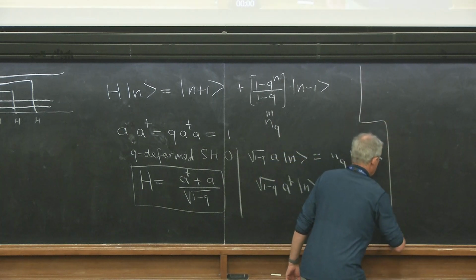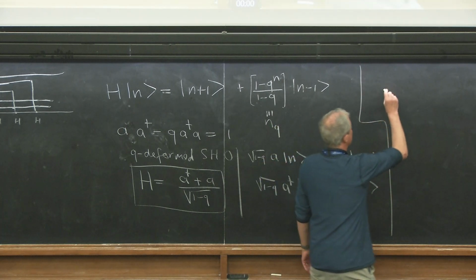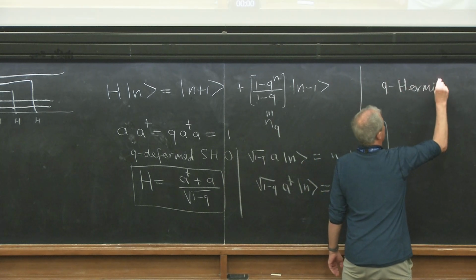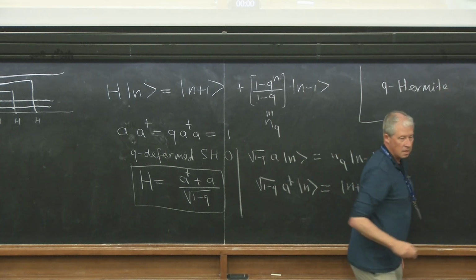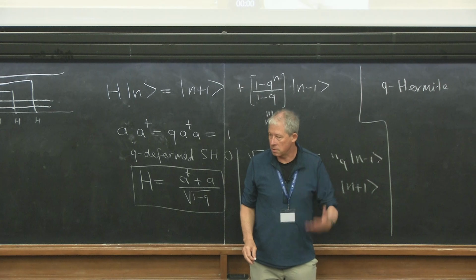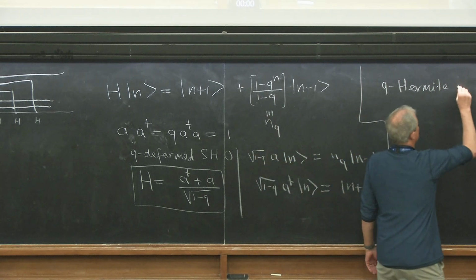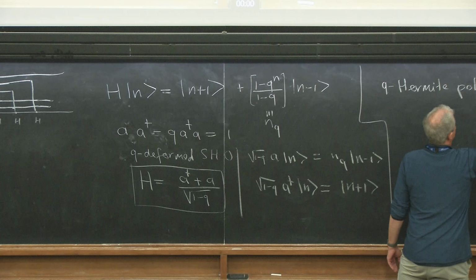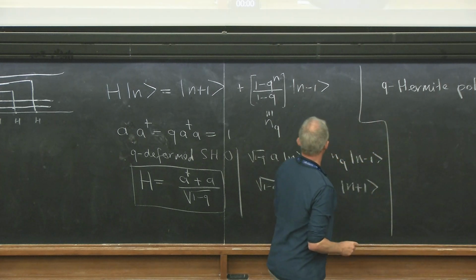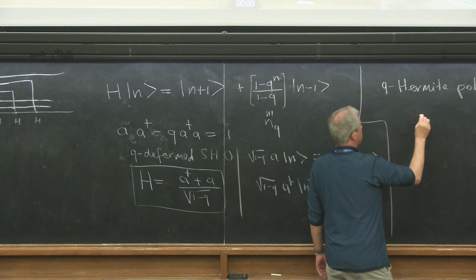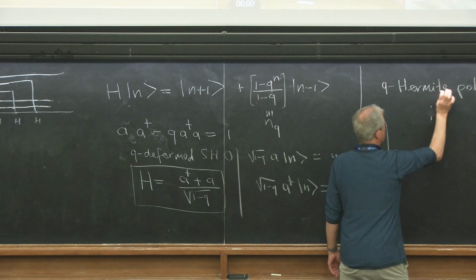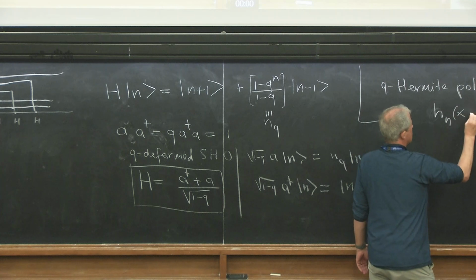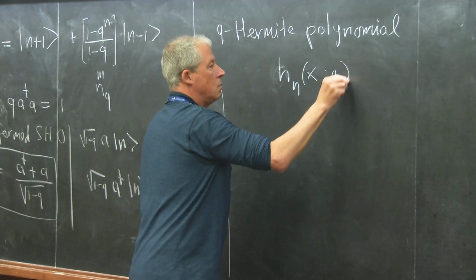Unless again there are questions on this point. So part of the trick is to do exactly what you learned in your undergraduate quantum mechanics. You start thinking about Hermite polynomials, and there's a q-deformed version of it, the q-deformed version of a Hermite polynomial. So the Hermite polynomials, maybe we'll call them little h sub n. They depend on a variable, say x, and they also depend on q.